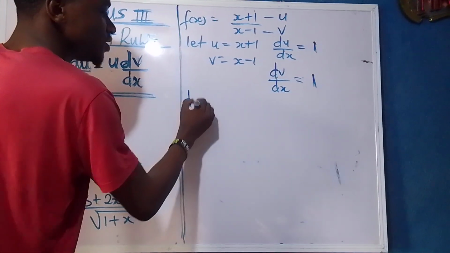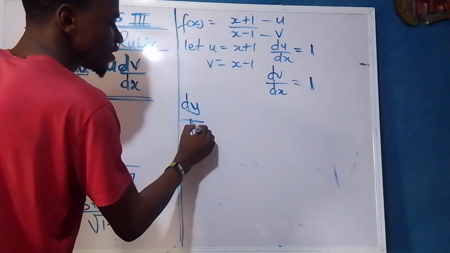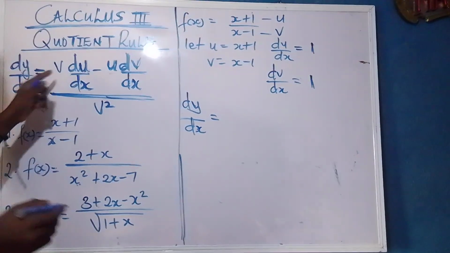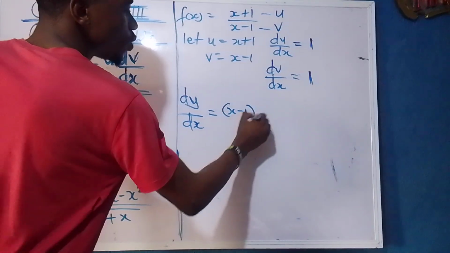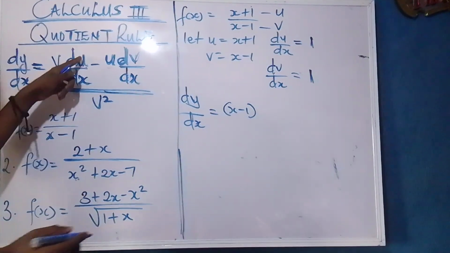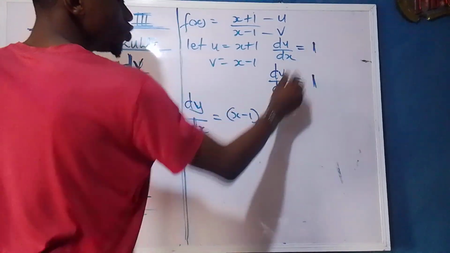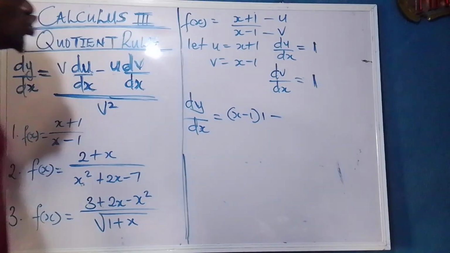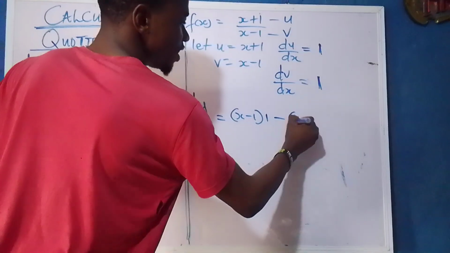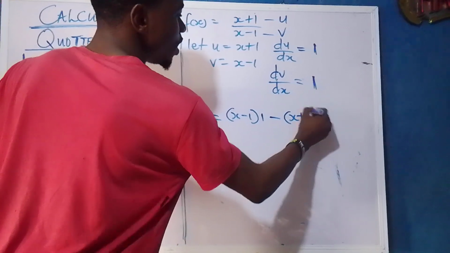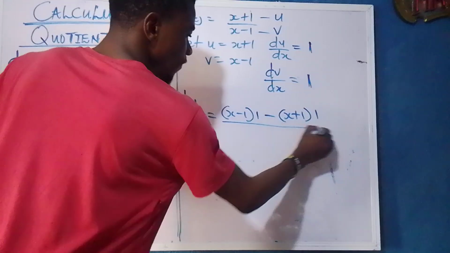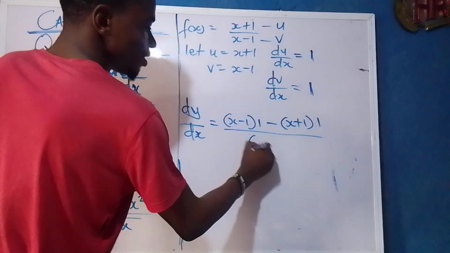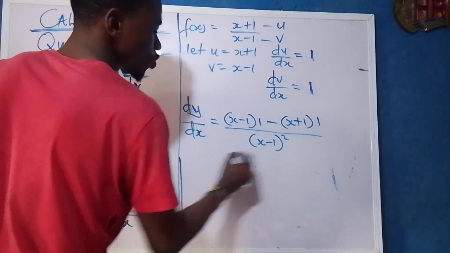So dy over dx is equal to v du over dx, v is x minus 1, then du over dx is 1, then minus u dv over dx, that is x plus 1, then dv over dx is 1, all over v squared. v squared is x minus 1 all squared.